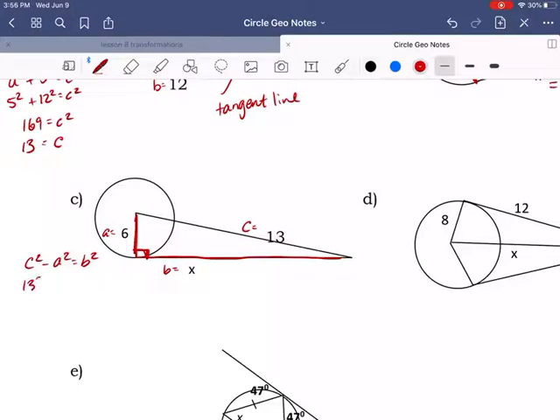So we get 13 squared minus 6 squared is equal to B squared. So 169 minus 36 is equal to B squared. And 169 minus 36 is 133. And if you take the square root of that, you get 11.5. So this length here is 11.5.